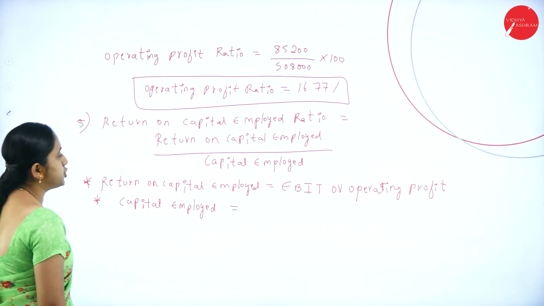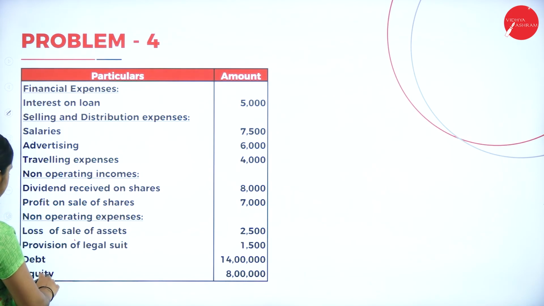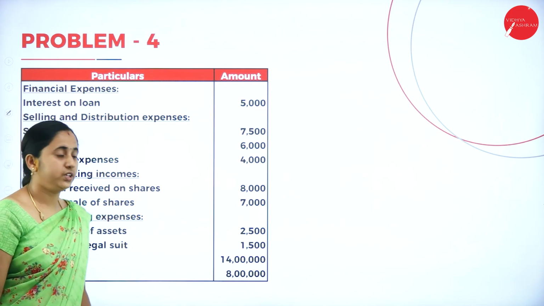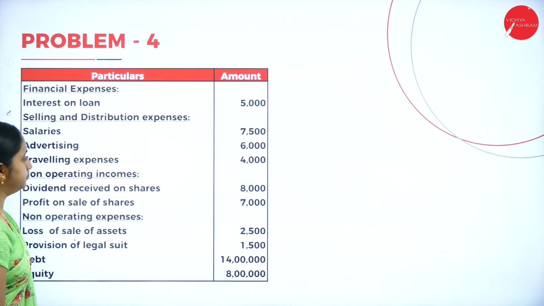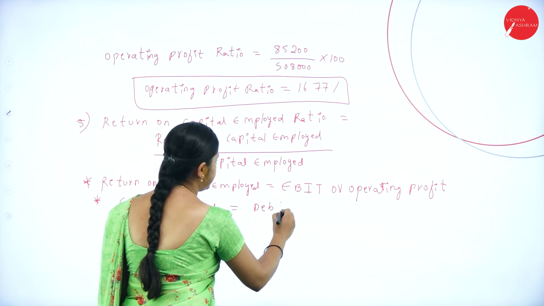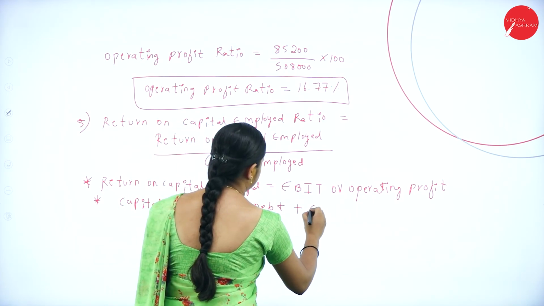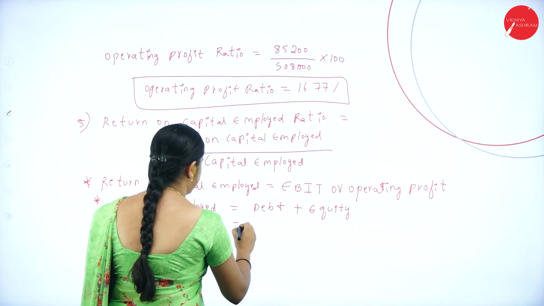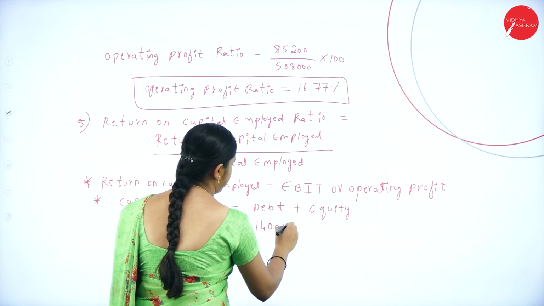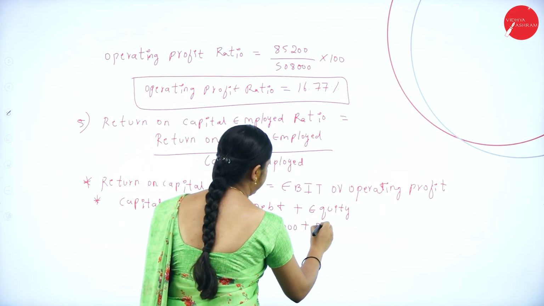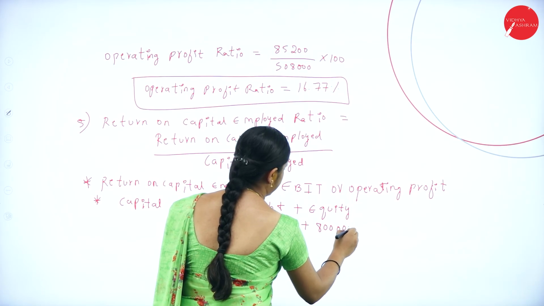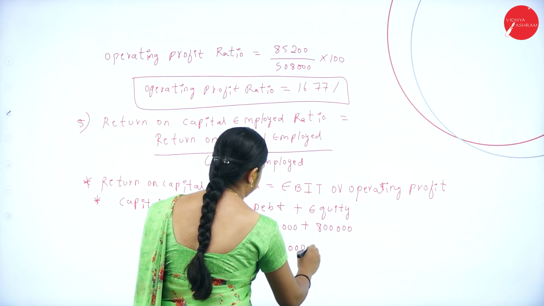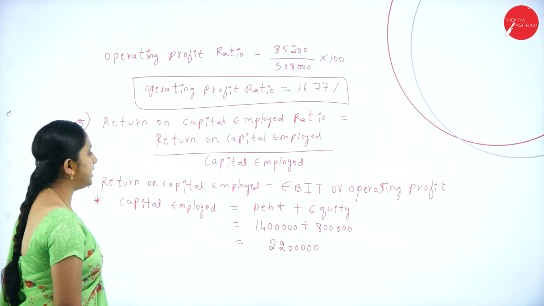Next, capital employed. Capital employed is equal to, in this problem, debt plus equity. Debt is equal to 14 lakh plus capital 8 lakh. Total 22 lakh. 22 lakh is capital employed.